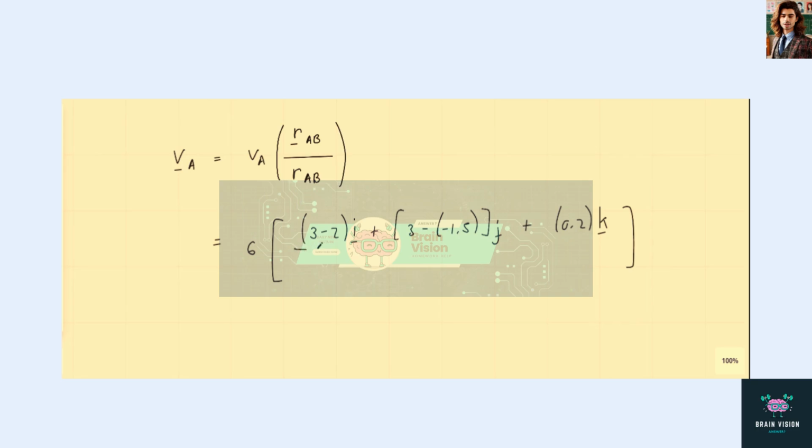And all of this is over the magnitude of this vector, which is the square root of (3 minus 2) all squared plus (3 minus 1.5) all squared plus (0 minus 2) all squared.